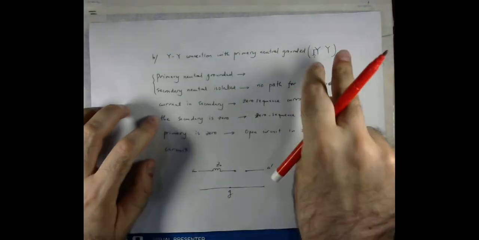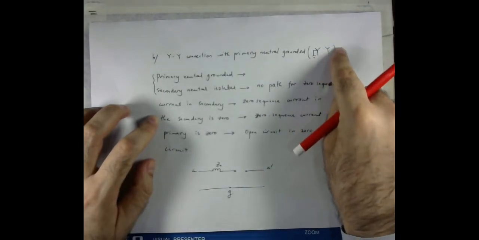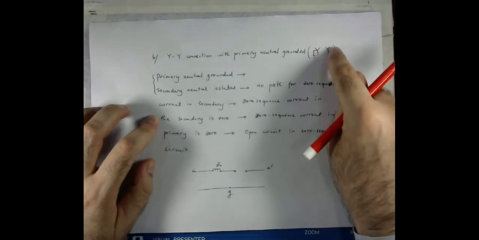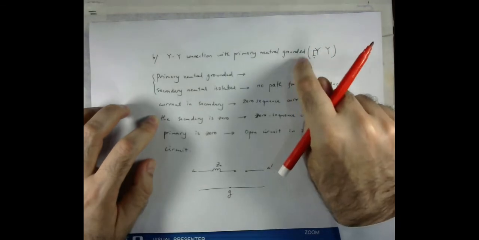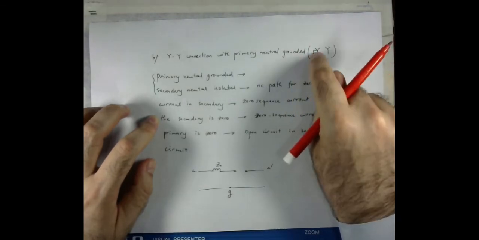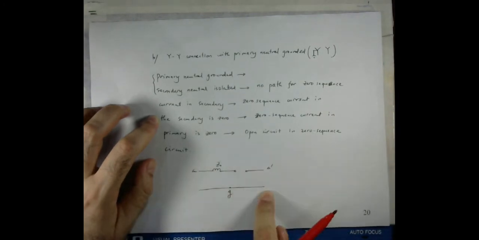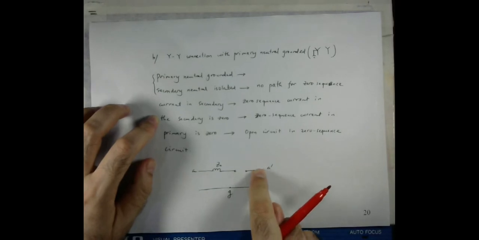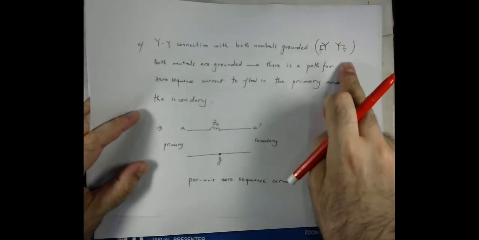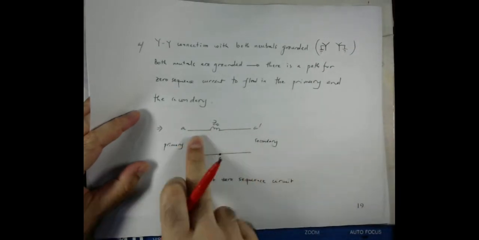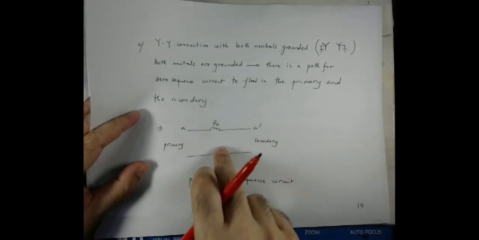Both these are Y connected, and the secondary side Y is not connected to the ground, which means that there will be no zero sequence current on the secondary side, and correspondingly the zero sequence current on the primary side will also be zero. So that's why the zero sequence network is open. So this case is different than the one we discussed here. In that case, both sides were connected to the ground, so we had a path for the zero sequence current on both the primary and secondary side.